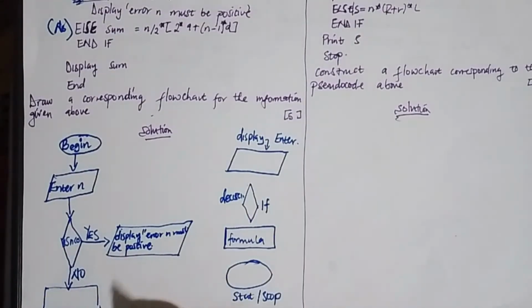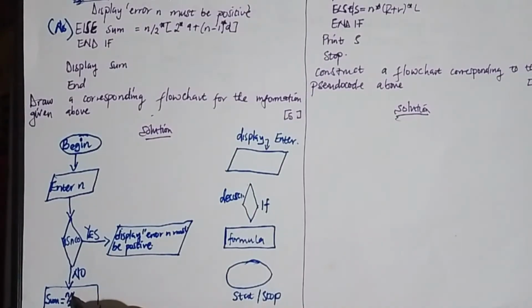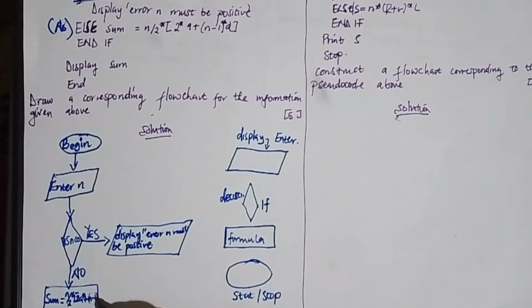Then we enter the formula. You say sum is equal to n over 2, we have 2a plus n minus 1 d.